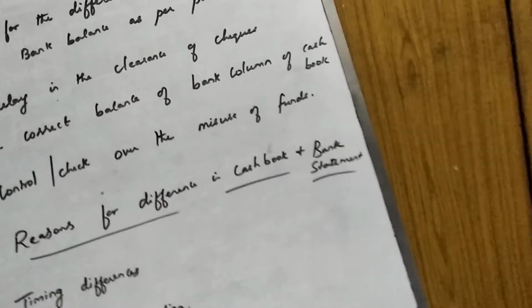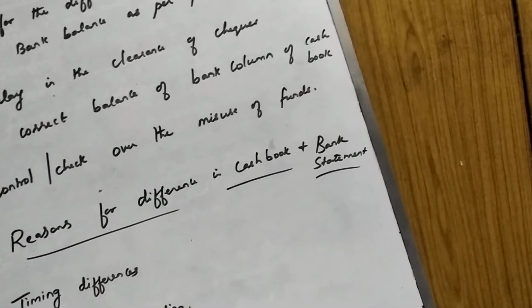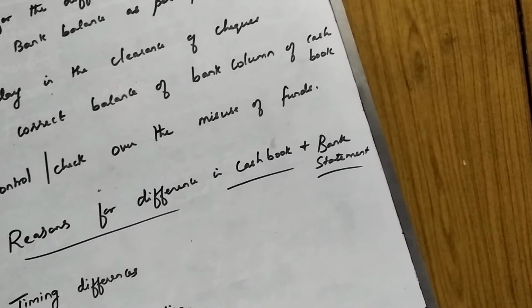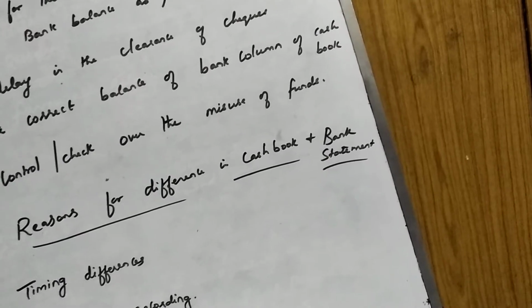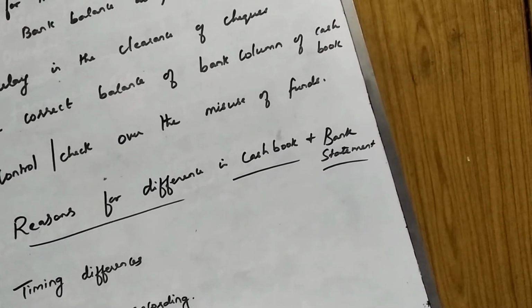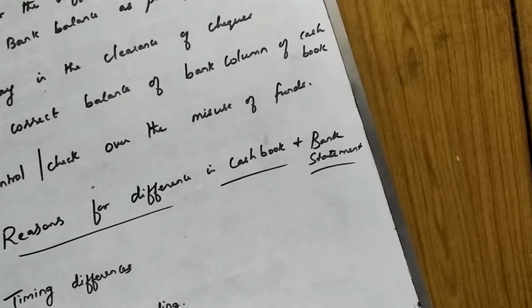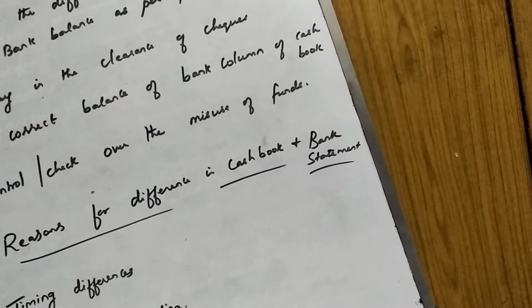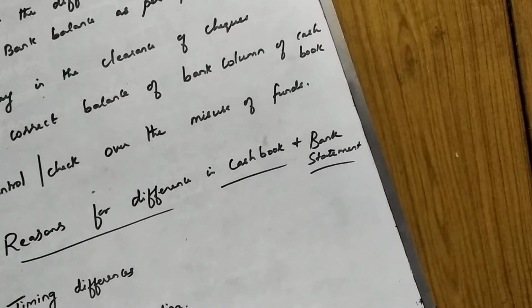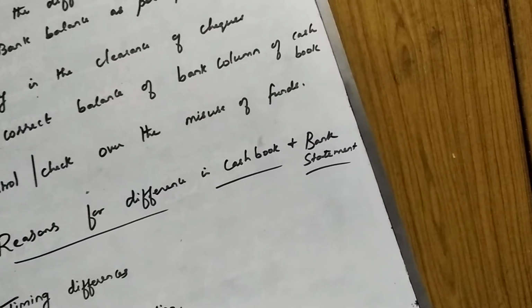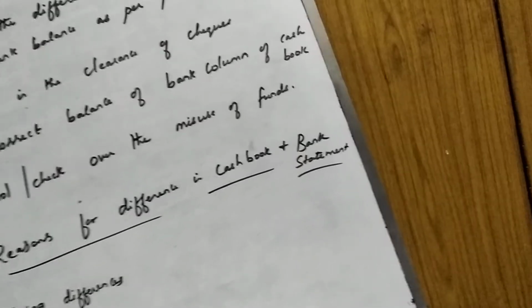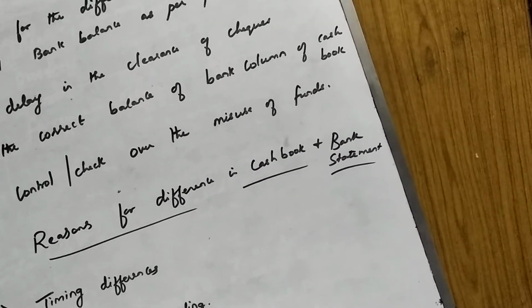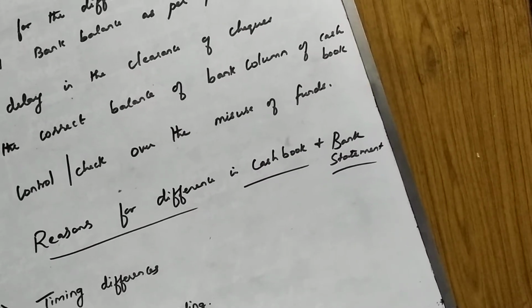Say for example, there are so many people with the same name and same initials. Mistakes can be committed by anybody at any time. Like this, a person having the same name and initial as yours, the banker got confused by mistake. Instead of deducting from that person's account, they have wrongly deducted the amount from your account.